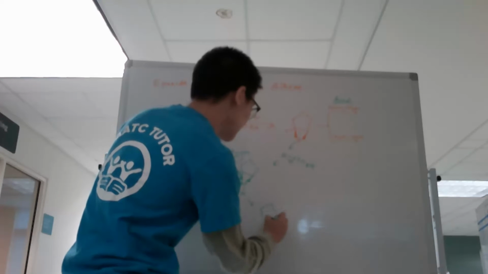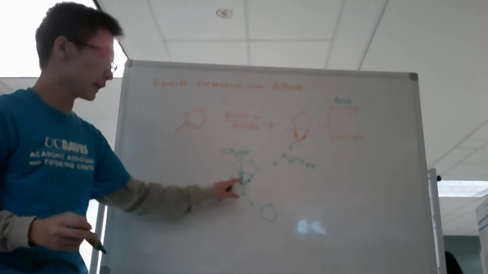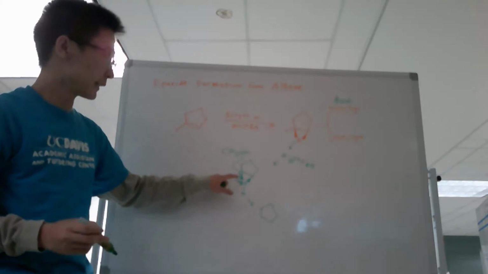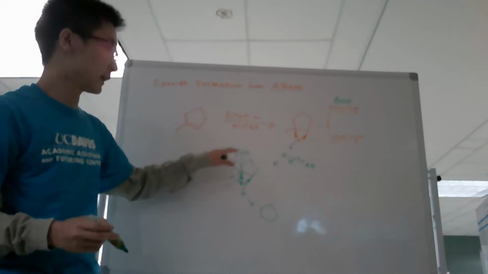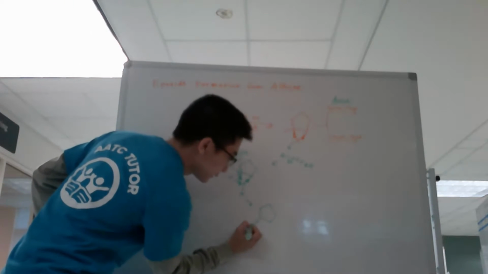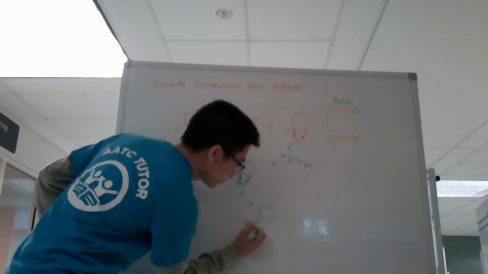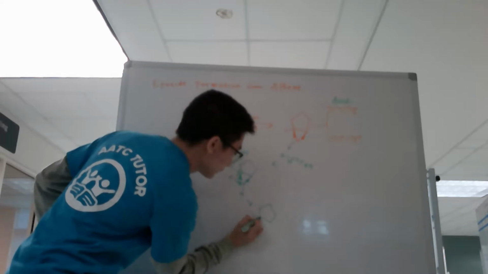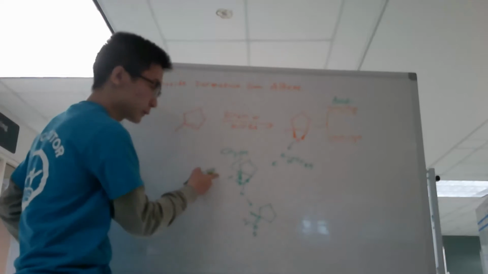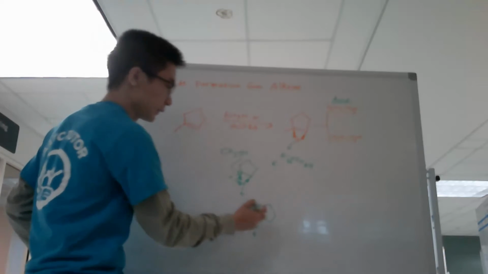And this is an SN2-like reaction where it would invert the stereochemistry of the group that left. So since the group that left was a wedge, we're going to make this alcohol group a dash. And that means that the dash methyl here would convert into a wedge methyl.